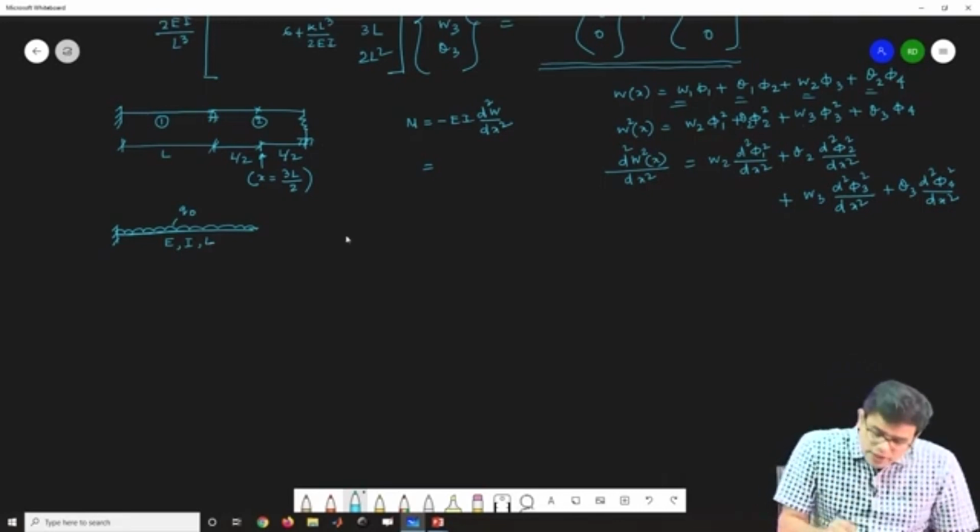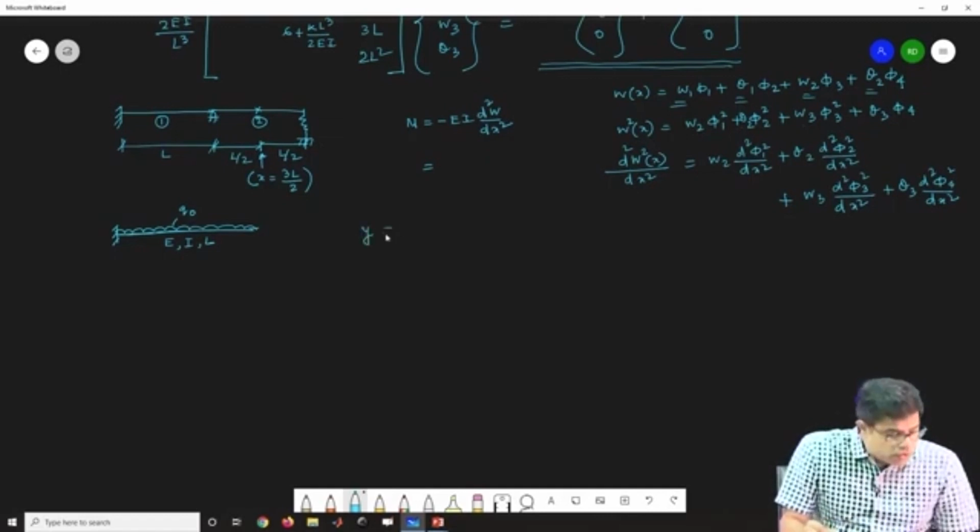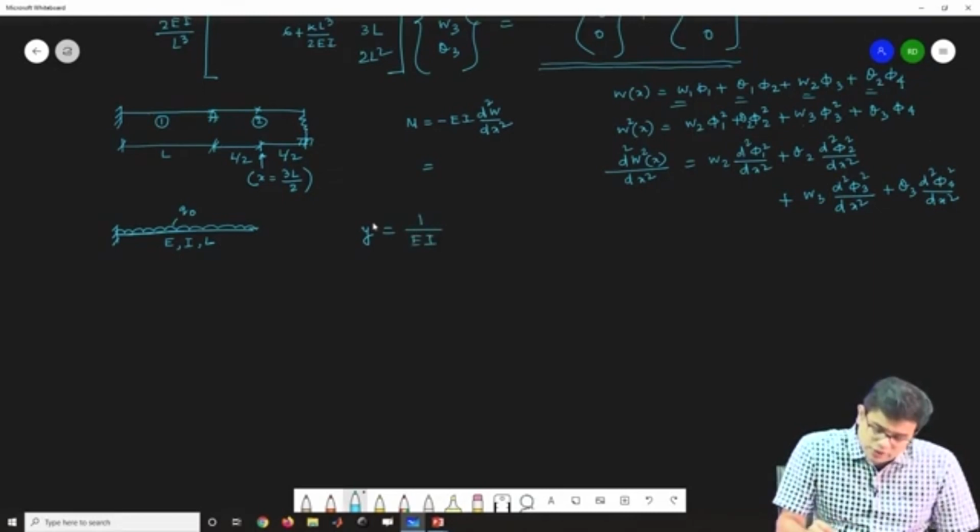So if I write the exact solution here, you will see that displacement is 1 by EI for this plane, exact solution. So let me write it here.